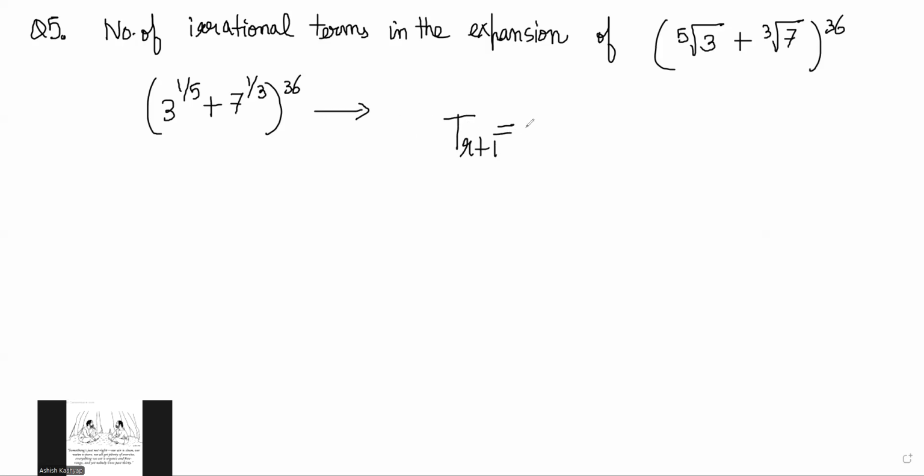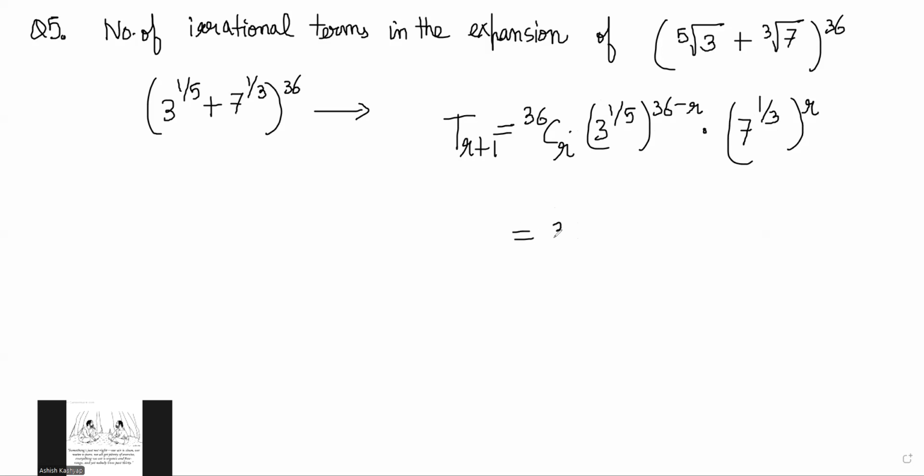T(R+1) would be 36CR 3 power 1 by 5 to the power 36 minus R multiplied by 7 power 1 by 3 to the power R, right? So basically you are getting 36CR 3 power (36 minus R) by 5 multiplied by 7 power R by 3.